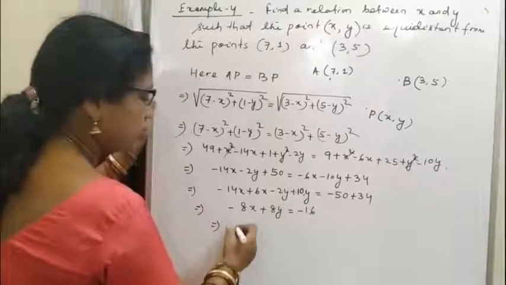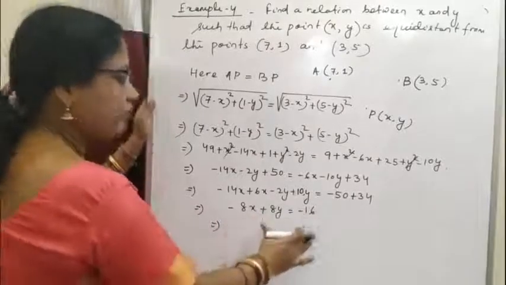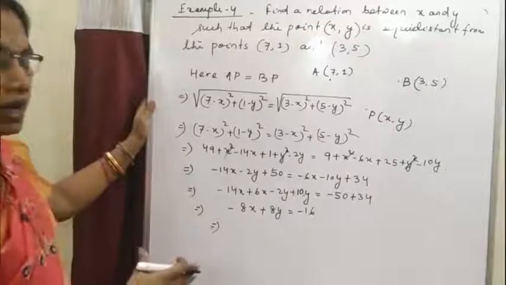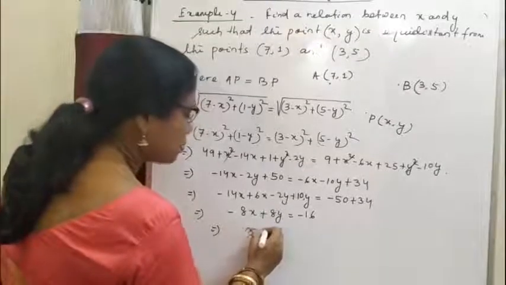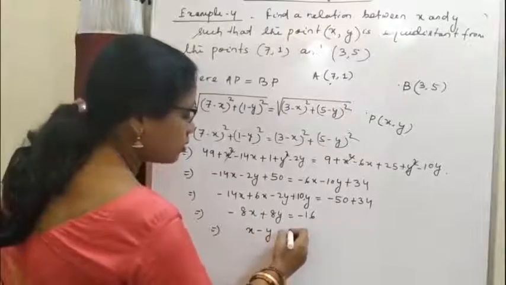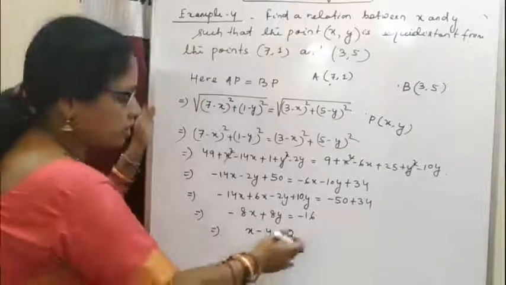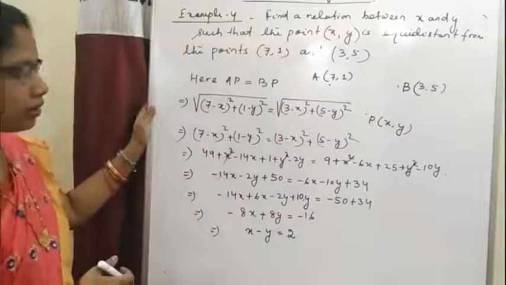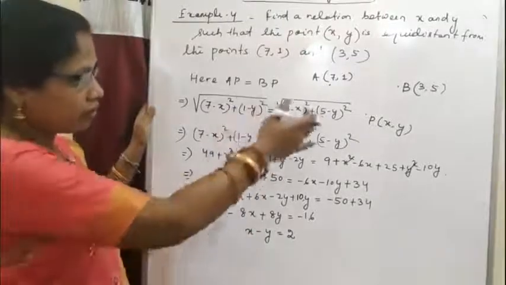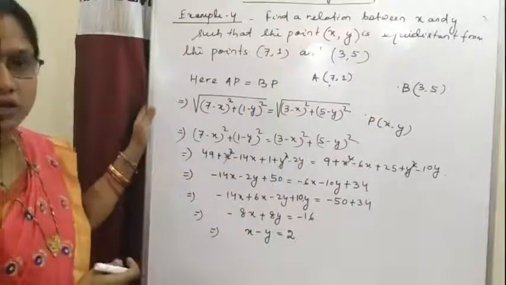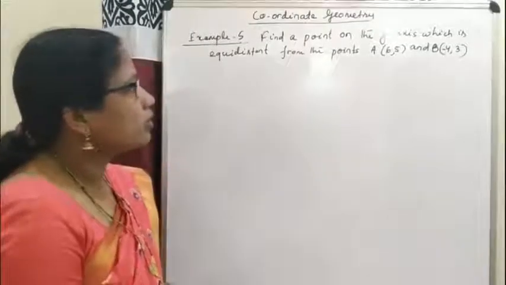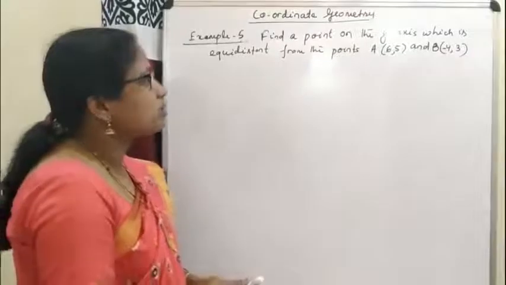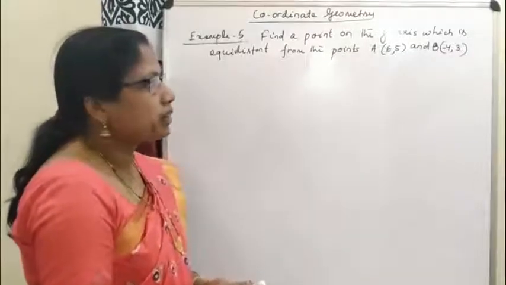Or it can be written as, if we divide both sides by minus 8, x minus y is equal to 2. So this is the relationship between x and y if the point P is equidistant from the two points A and B.